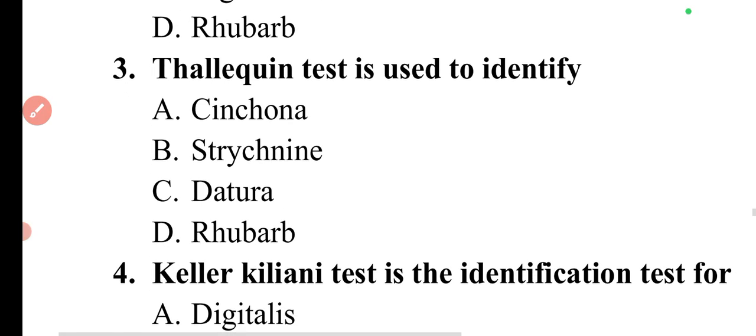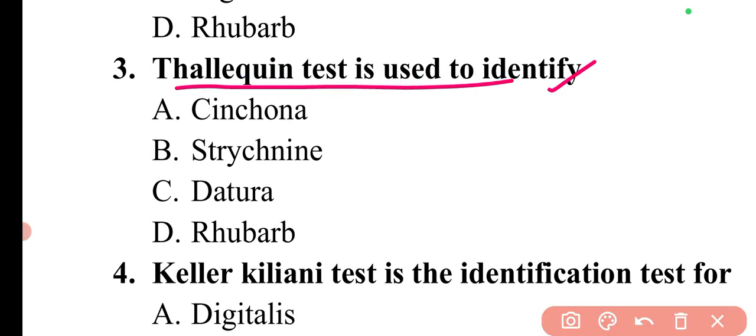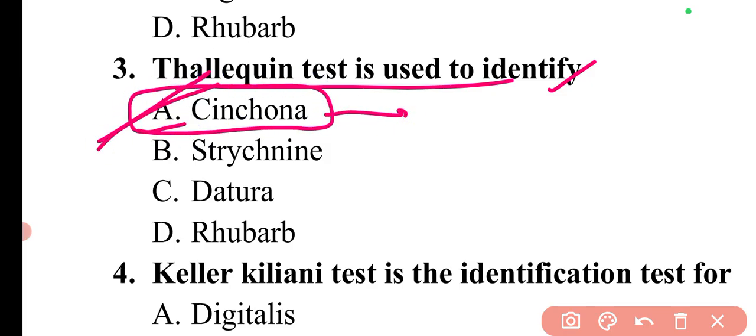Next question is, Thalleioquin test is used to identify. So Thalleioquin test is used to identify cinchona, which contains quinine and quinidine, the main important chemical constituents. Quinine is antimalarial, quinidine is antiarrhythmic. Now talking about the Thalleioquin test.